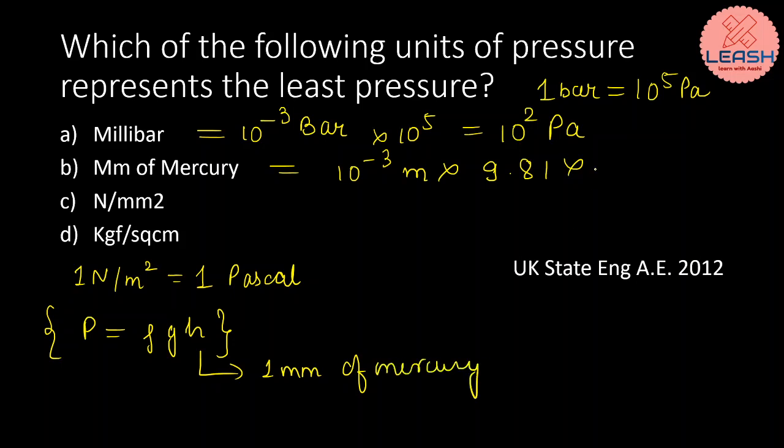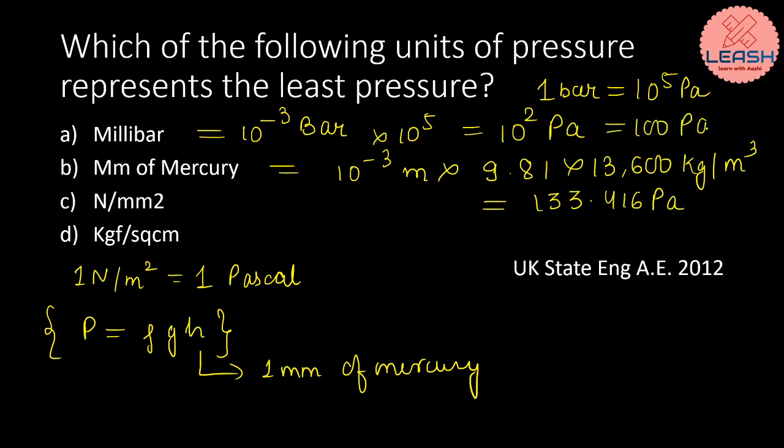Here rho is the density of mercury, so it will be 13,600 kilogram per meter cube. After solving, I'll get 133.416 Pascal. So here this is 100 Pascal and this is 133.416 Pascal. I have just converted this pressure in terms of head to the pressure intensity in terms of Pascal.